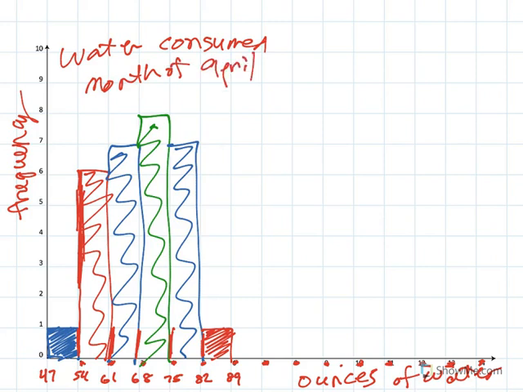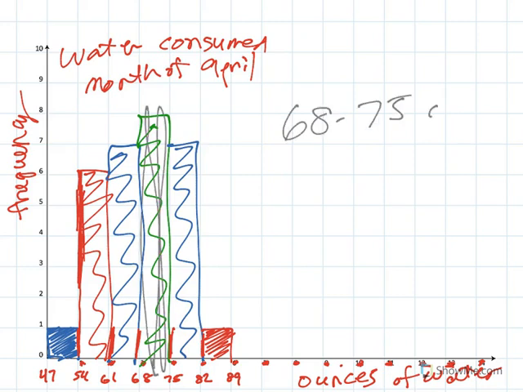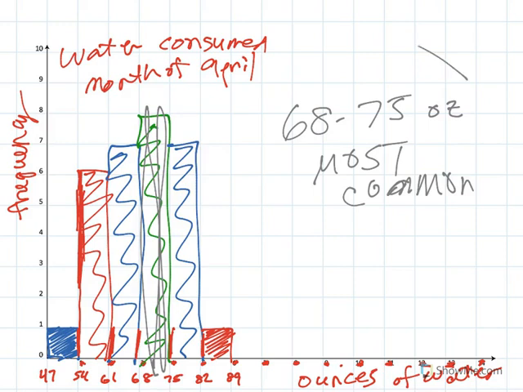Otherwise, how do we know what we're looking at? So that's how we use frequency tables and histograms to analyze data. We can see clearly, here's the tallest bar. That means between 68 and 75 ounces is the most common. So you can draw a lot of inference based off of the histogram that we're given.